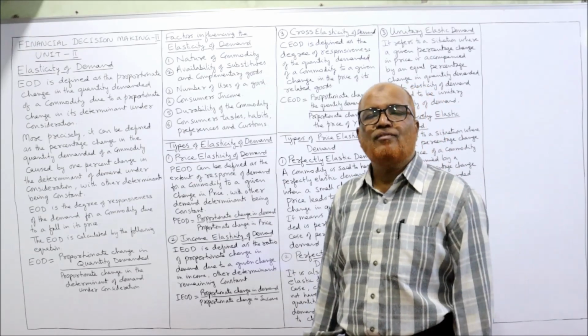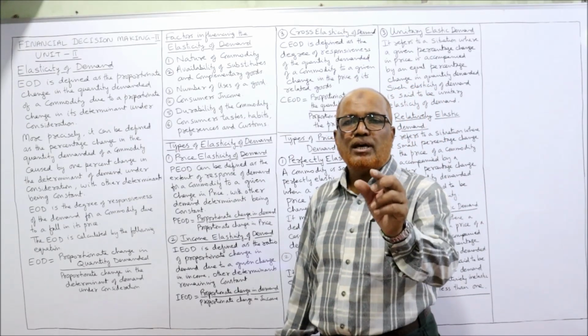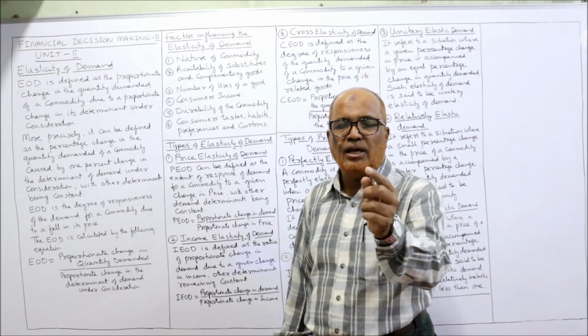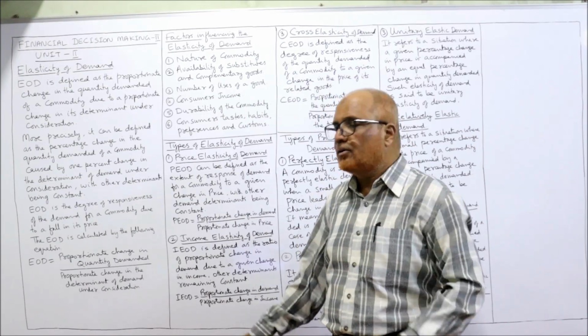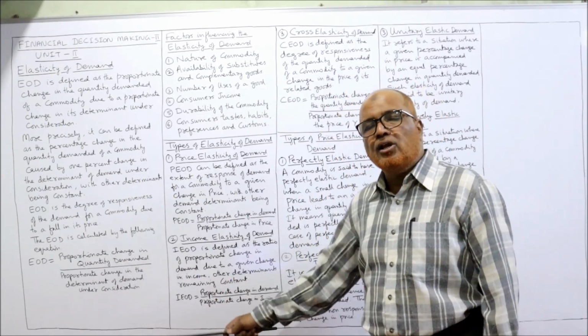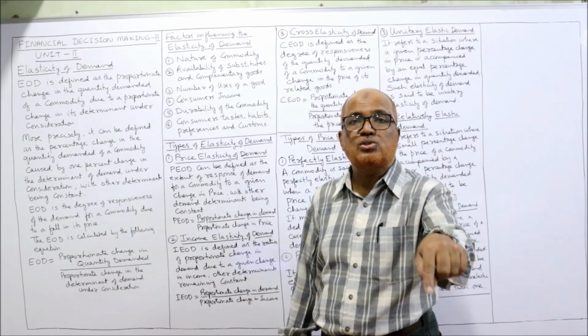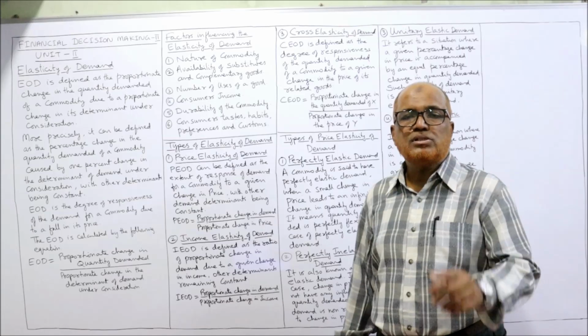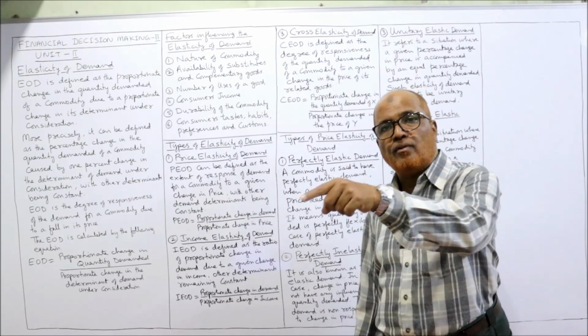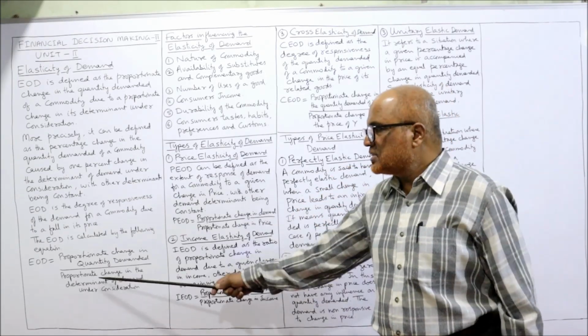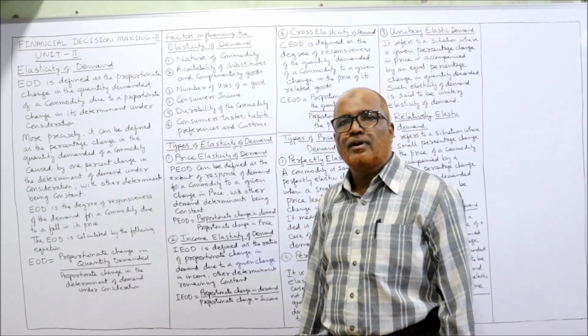Example, in case of cars, the proportionate change in the demand for cars we take in the numerator. In the denominator we take the proportionate change in the price of cars, because price is a determinant of the demand. This is the formula for elasticity of demand.